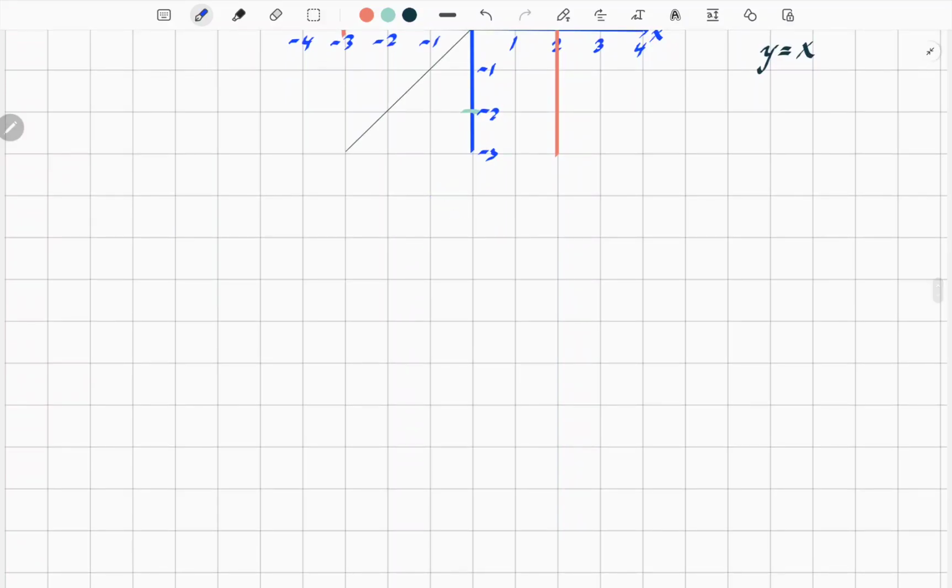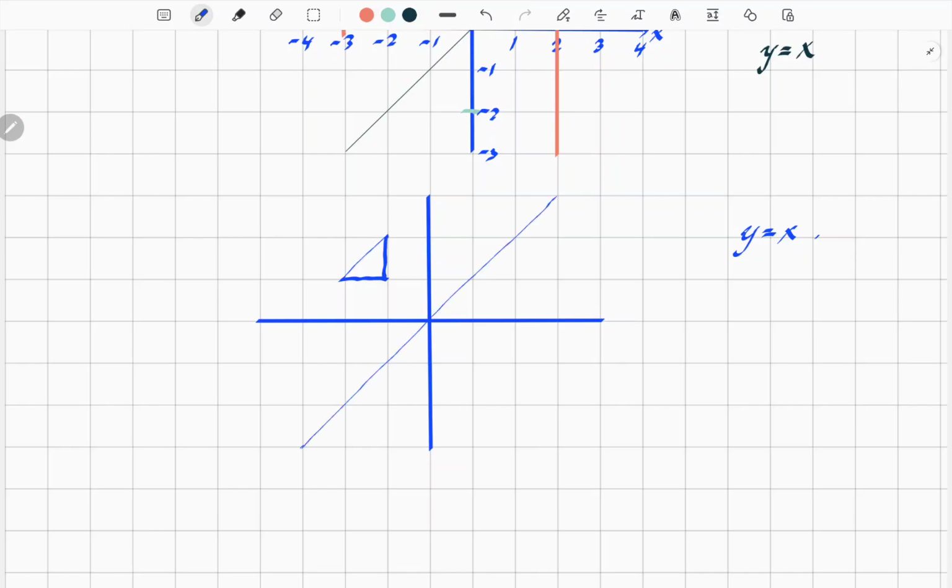If I take a shape, for example this one here, and I say reflected in the line y equals x, first of all I need my y equals x line, like that. And then this shape is going to be reflected in it.